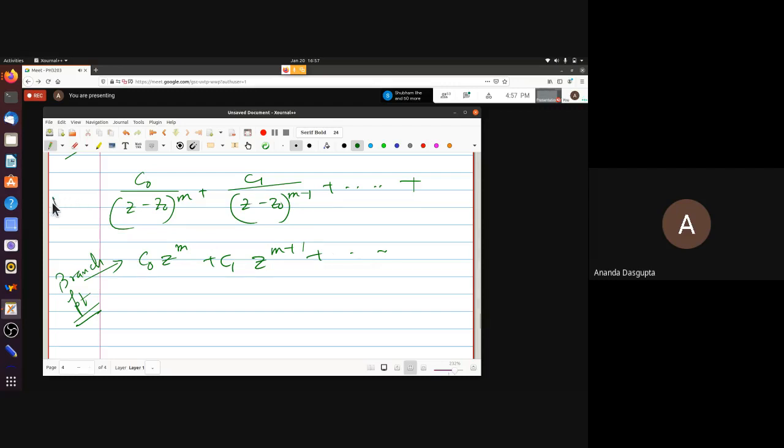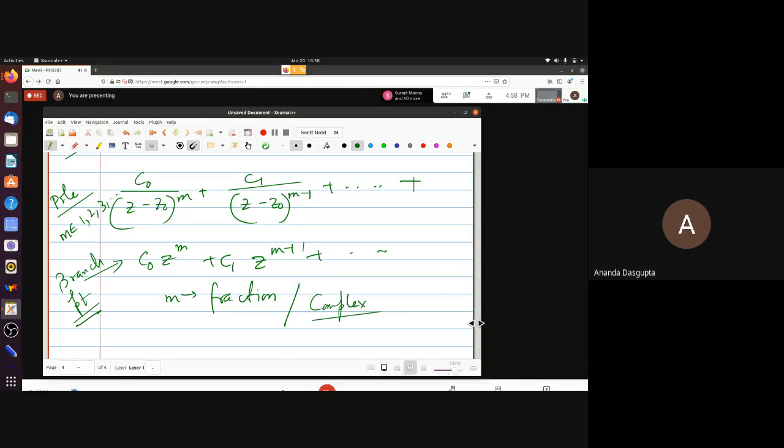So this is a pole where m is 1, 2, 3, and so on, some positive integer. If m is a fraction, I'm using the word loosely, I don't mean rational numbers. If it's not an integer or a complex number, then what you have here is a branch point singularity.